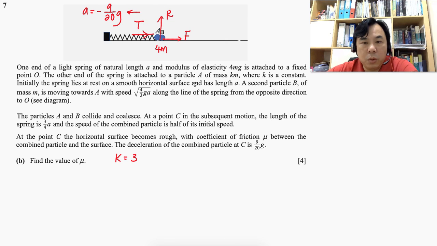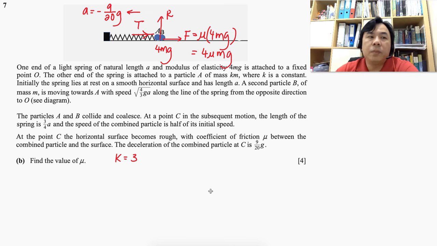The other thing we need to know is the F is actually equal to mu R here, whereby the R is the same as its weight, in this case 4 mg. So the frictional force is actually 4 mu mg here. I hope that is clear at this point.